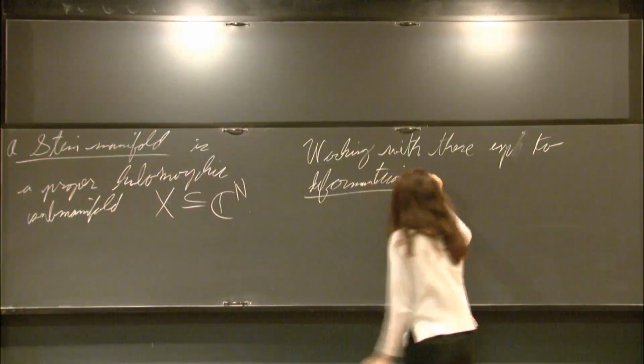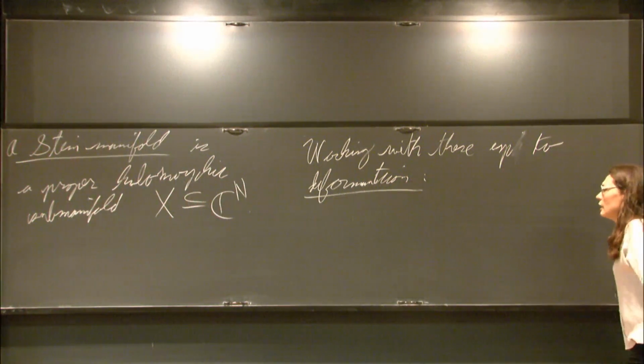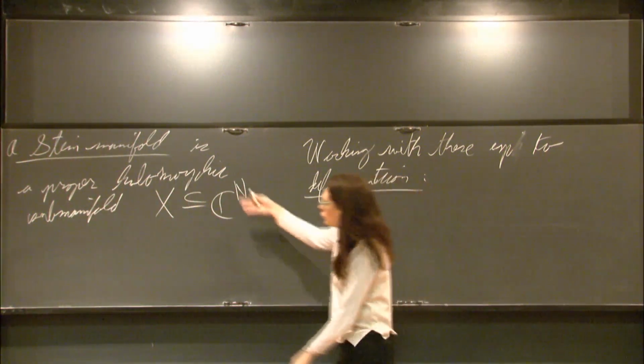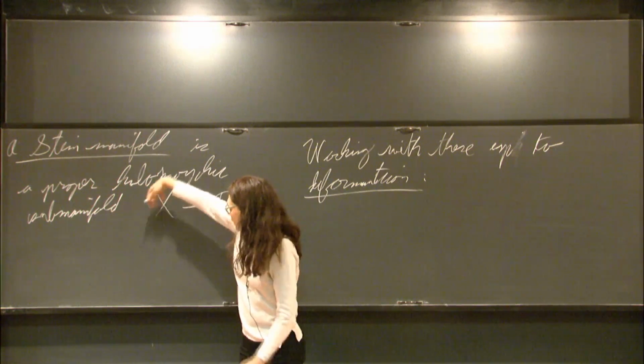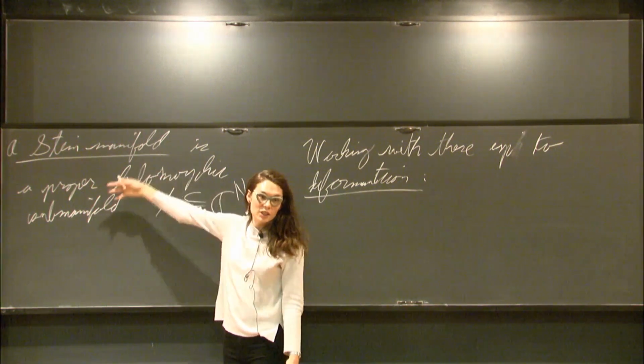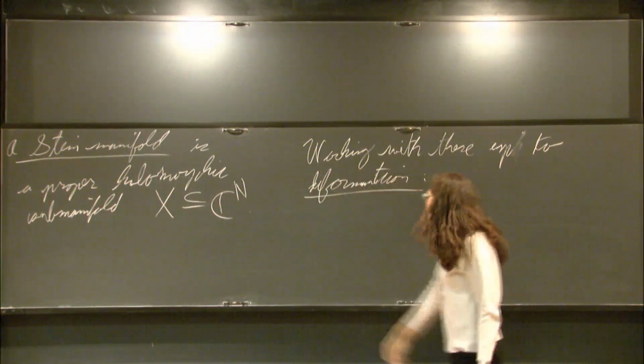I'll skirt a little bit what this says, but basically I'm going to allow myself to move around among these things, so just look at pi 0 of this space.